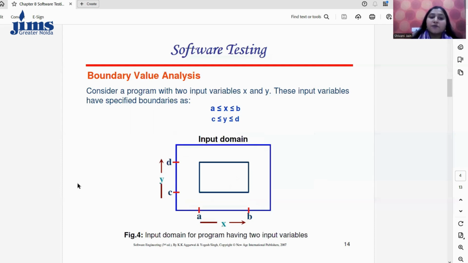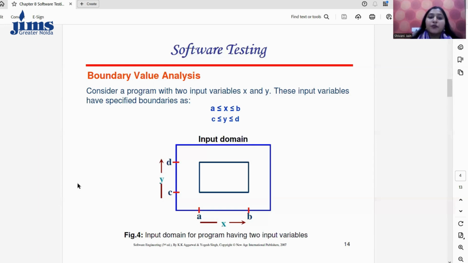One type of functional testing is boundary value analysis. Boundary values are the weak points, where there is a higher chance that the program may fail. So what we do is look at the boundaries of input values and see if the program fails on boundary values or not. We can learn this process with an example.